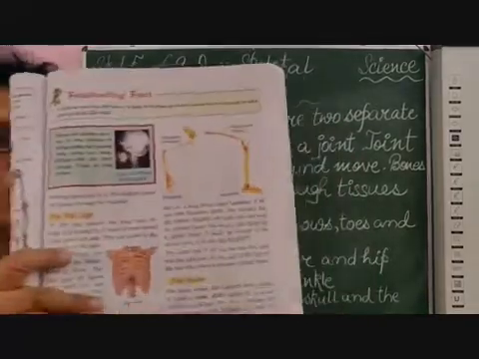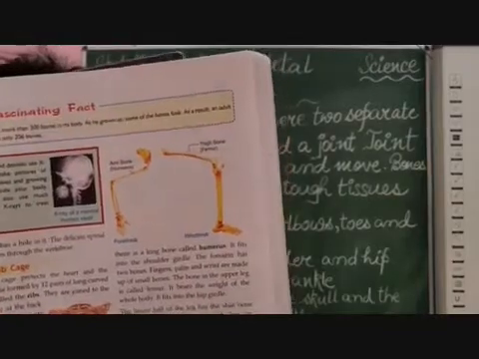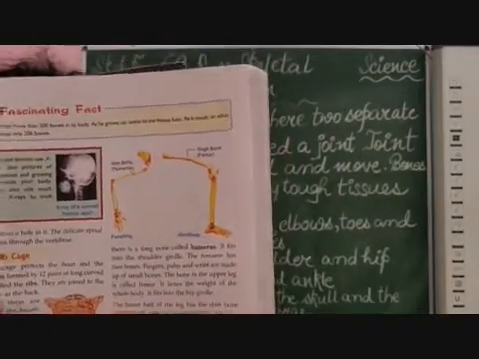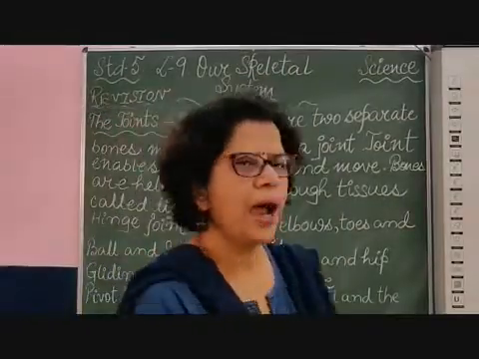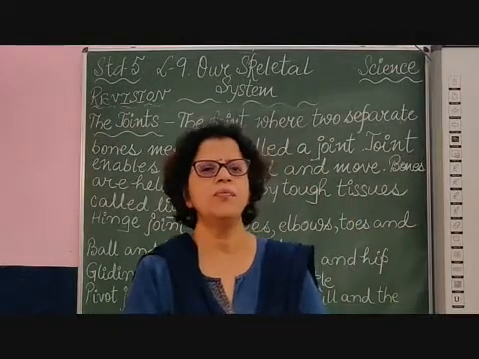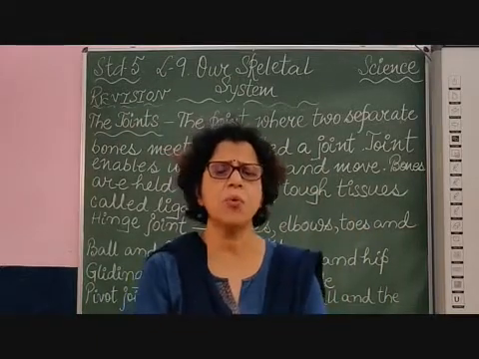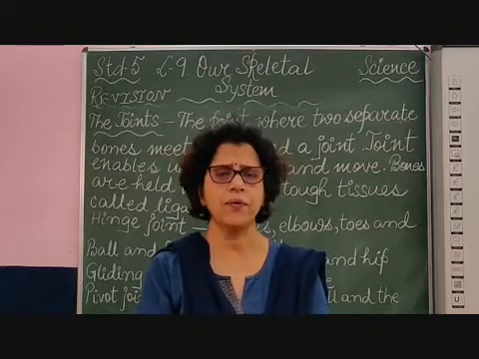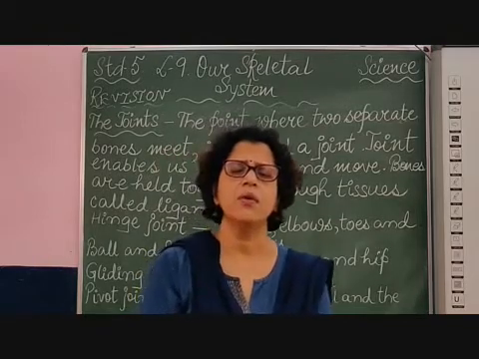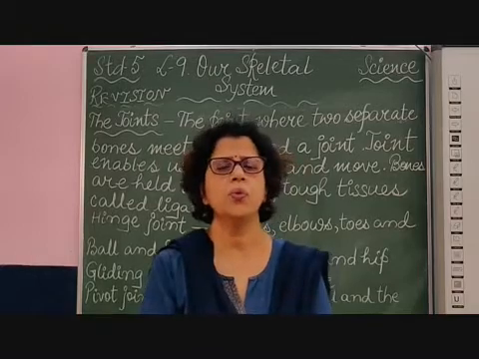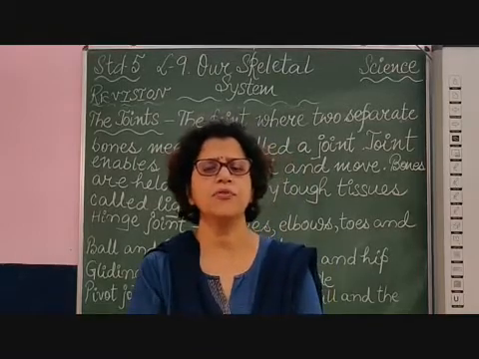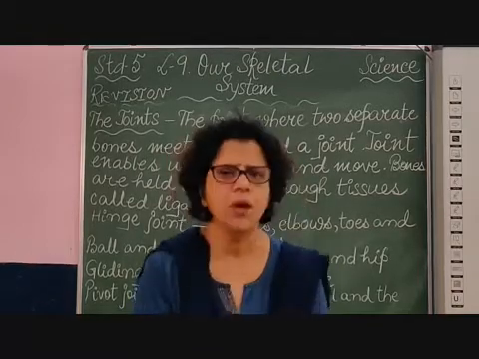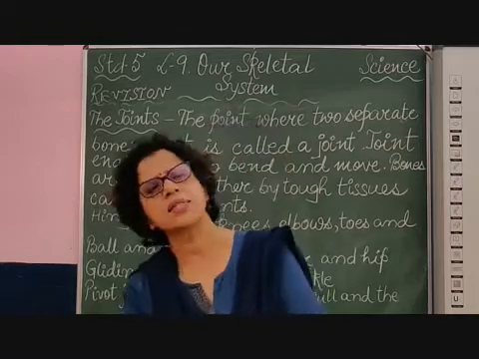So in this way the bones meet, and at that point only we are able to move. Had our vertebral column been made up of only one single bone instead of 33 bones, what would have happened? We had discussed that we could not have done the different movements like bending forward, bending back, sideways.